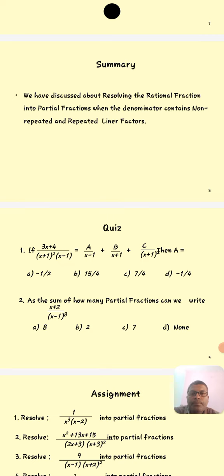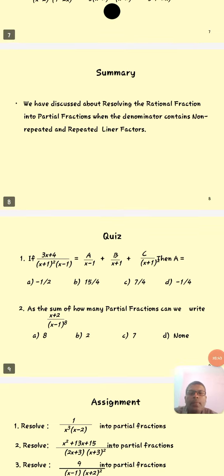Question number 1: if 3x plus 4 divided by x plus 1 whole square into x minus 1 is equal to a by x minus 1 plus b by x plus 1 plus c by x plus 1 whole square, then a is equal to what? How to find this one? Here a, b, c is there and it is split into partial fraction format.